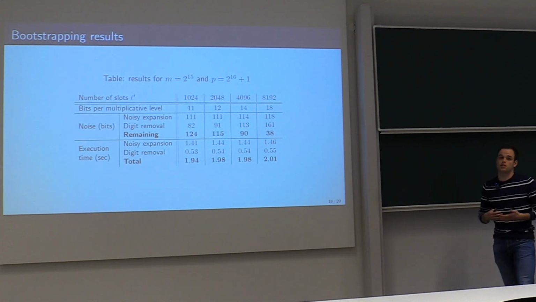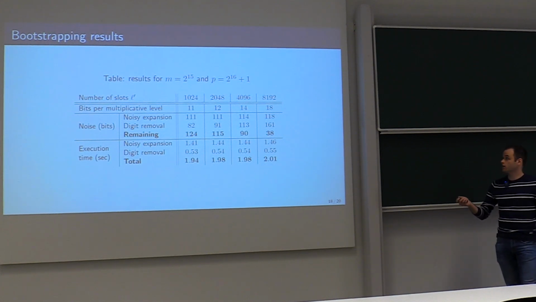The reason that we can use these smaller parameters is that our scheme has smaller noise growth. In total, we can bootstrap a ciphertext in only 2 seconds, which is roughly 5 times faster than regular BFV bootstrapping.